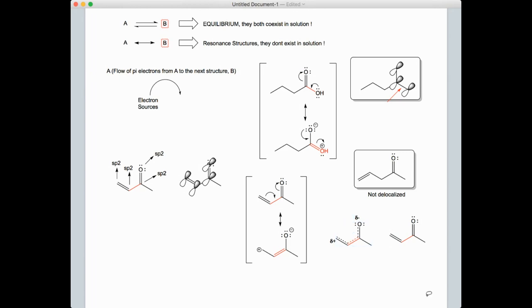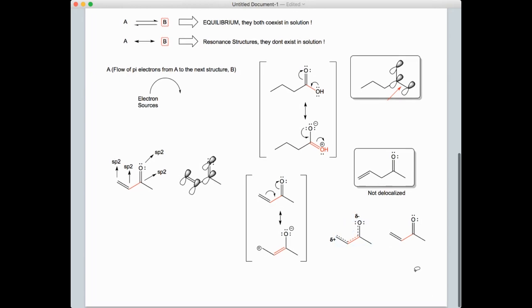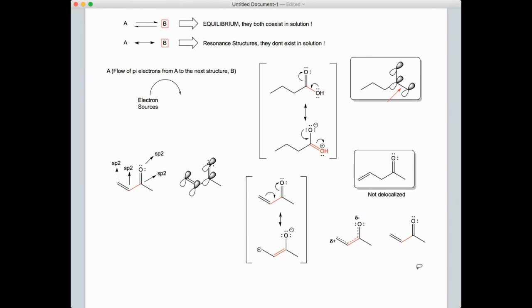Okay, now how can this information be used? So you can think, if I react a negatively charged molecule to this molecule here, and I'm going to label the carbons because I'm going to ask this question now.